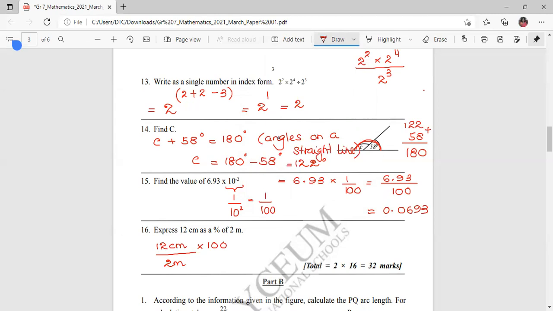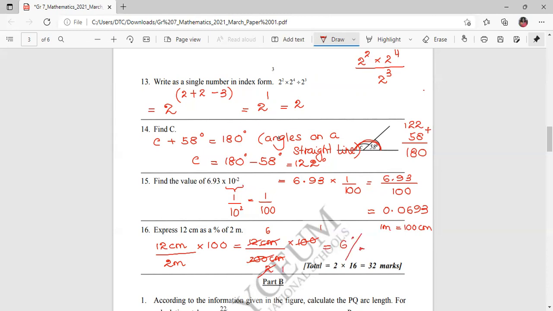Therefore, you want to do the conversion. We know that 1 meter is equal to 100 centimeters. Therefore, I write 12 centimeters over 200 centimeters and multiply by 100, and the centimeters I can cancel. Then 100 times 1 and 100 times 2, then 2 times 1 and 2 times 6, right? The answer will be 6%, right?